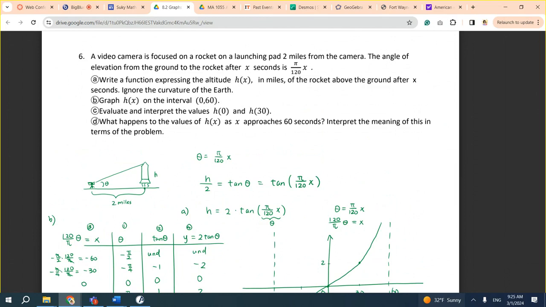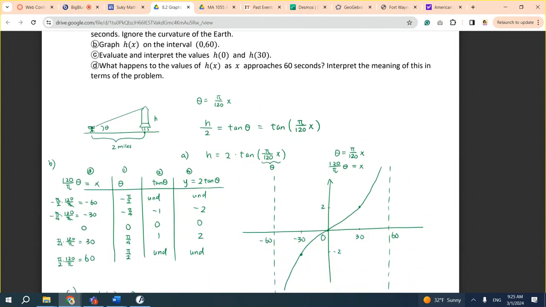So how do you solve for h? Multiply both sides by 2. Okay, everybody? If you can understand this step, raise your hand. Everybody understand? Okay, good.